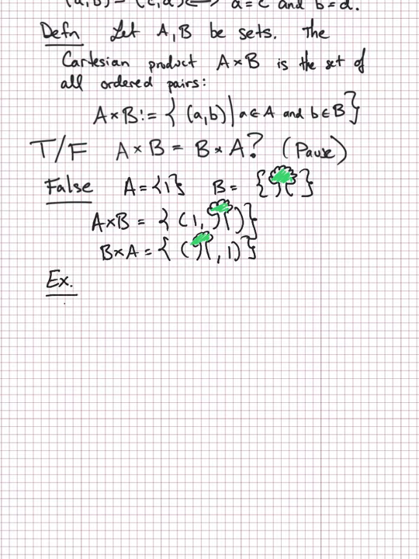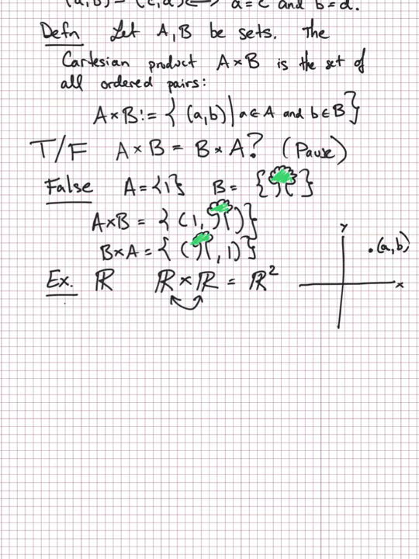So if R is our set, and you want to make the Cartesian product R cross R, or sometimes people write R squared, well, this is the same. You can switch the order here and get the same set, and then you get the usual xy plane, where the points in the xy plane are precisely the ordered pairs of real numbers.